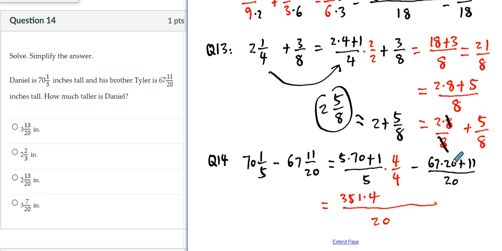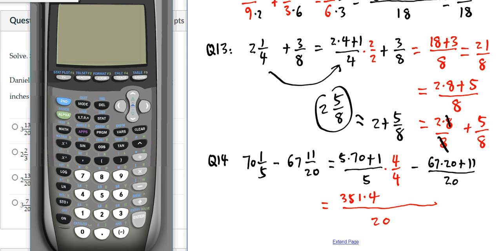Now here is 67 times 20. Okay, then probably we need a calculator. Oh, I have one here, very handy.